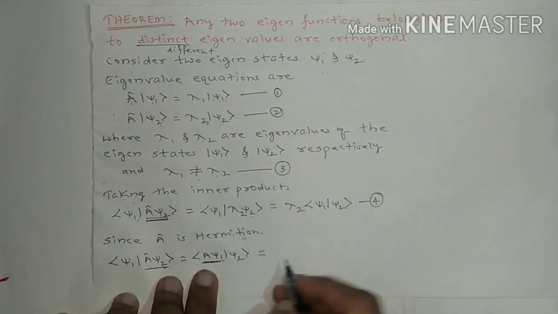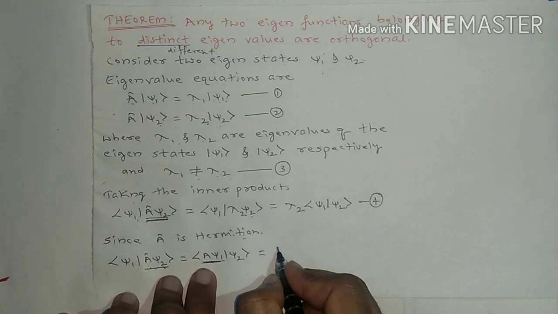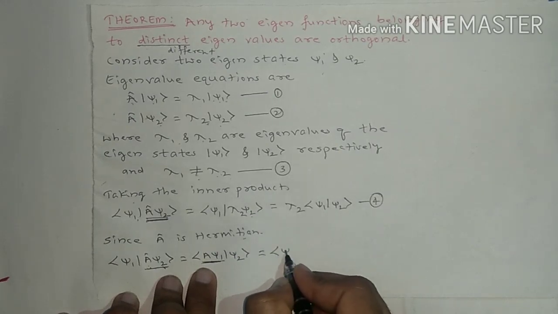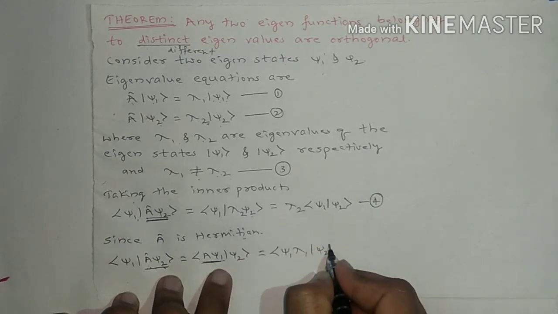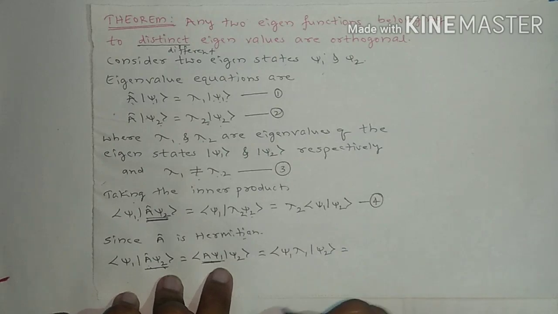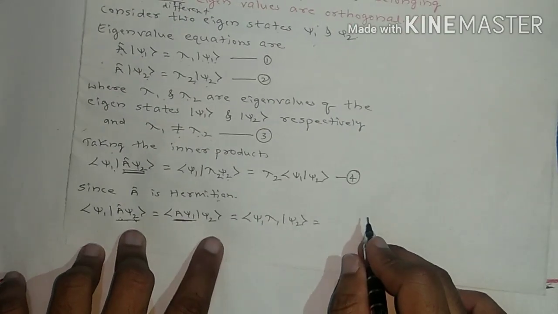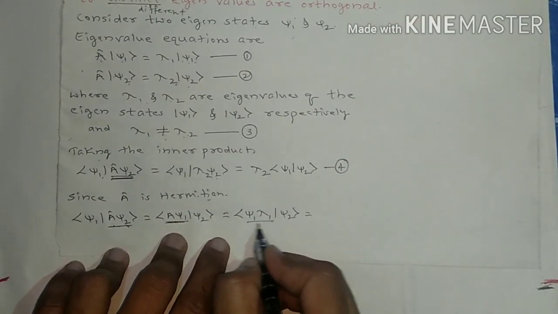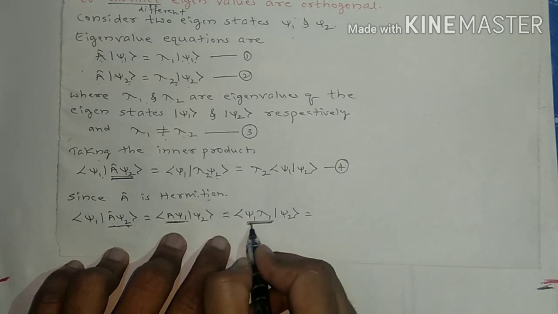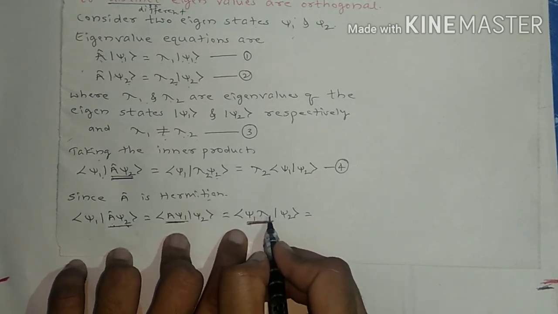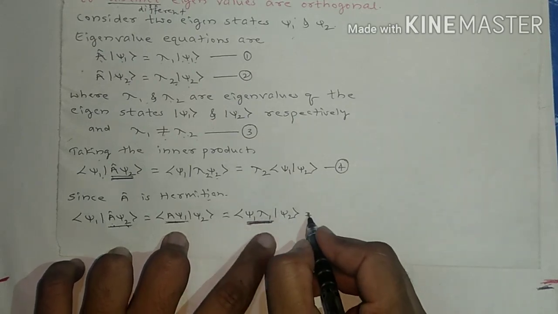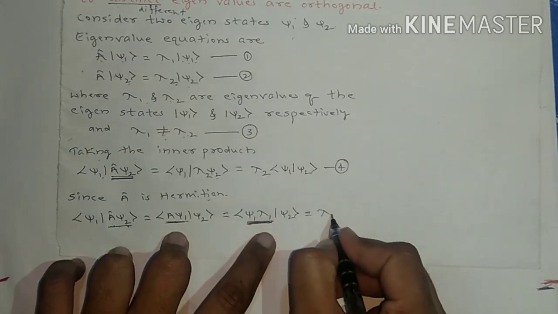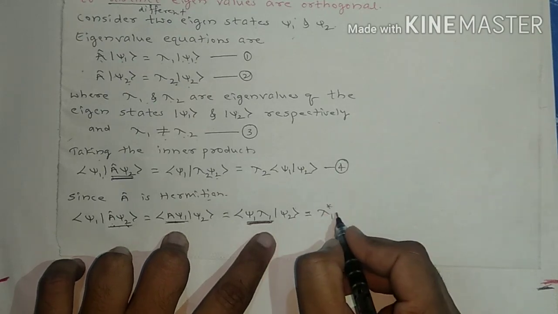So what we get is psi 1 lambda 1 psi 2, similar to what we did previously. Now the scalar is associated with the bra, so it can be taken out. To take it out we have to write the complex conjugate.